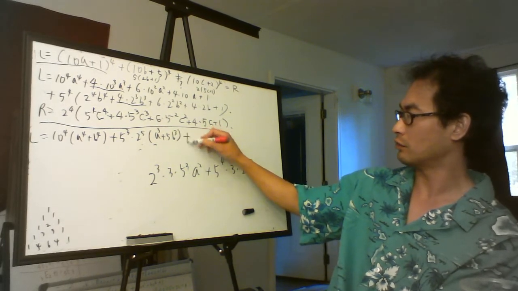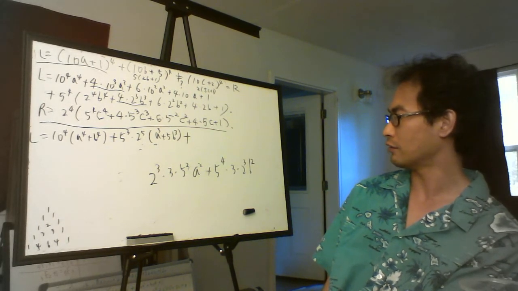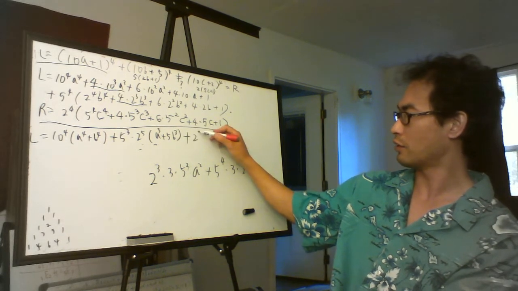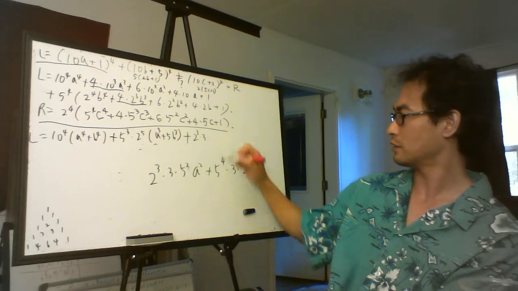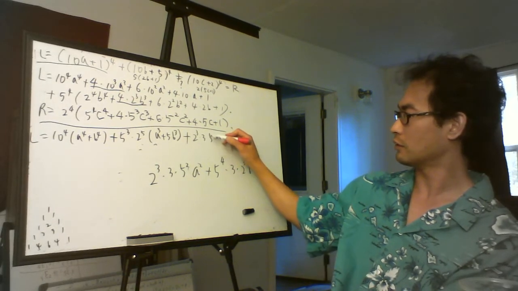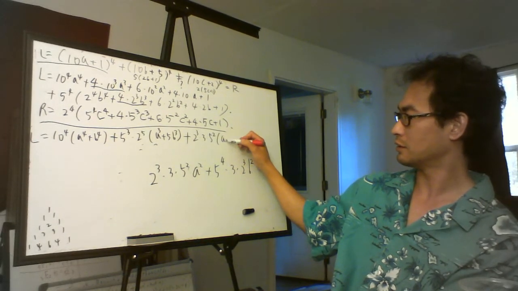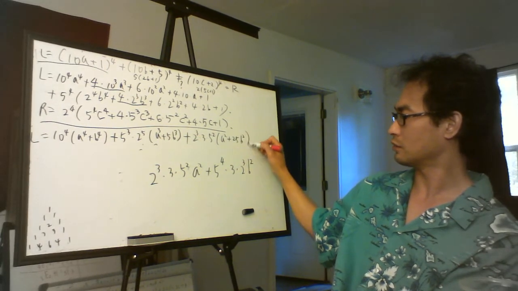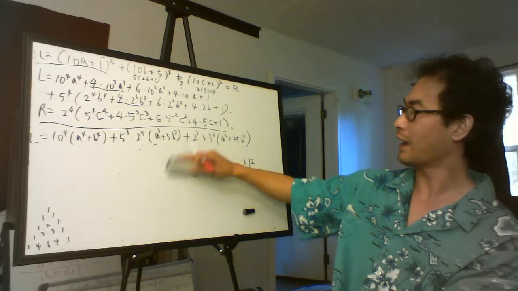Factor that. What's the common factor? You have 3, 2 to the 3rd, okay, 2 to the 3rd times 3 times 5 to the second, so 25 b squared.